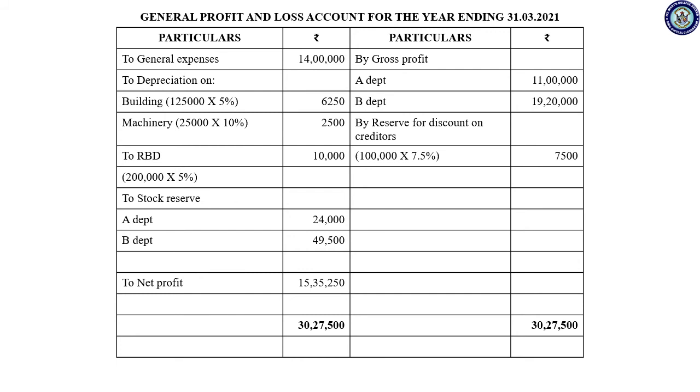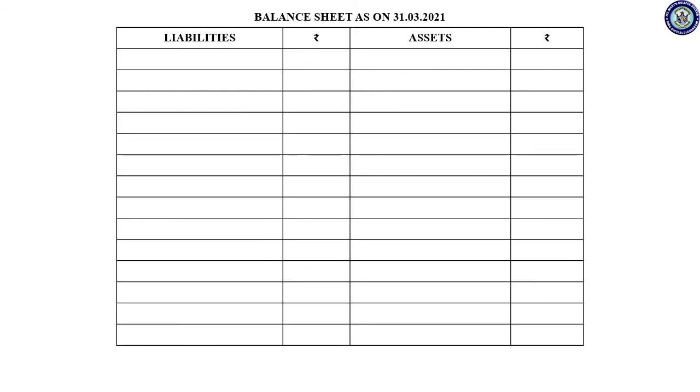Okay. So after this, draw the lines for the balance sheet. That is the combined balance sheet. Balance sheet as on 31st March 2021.